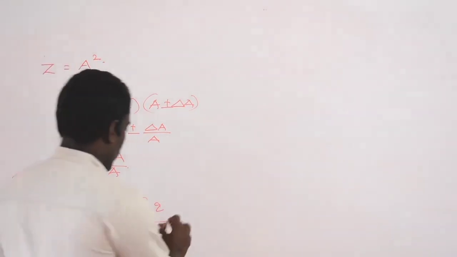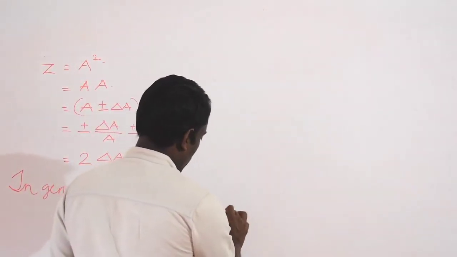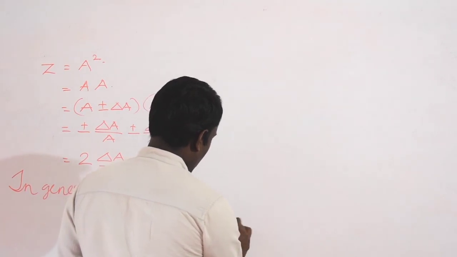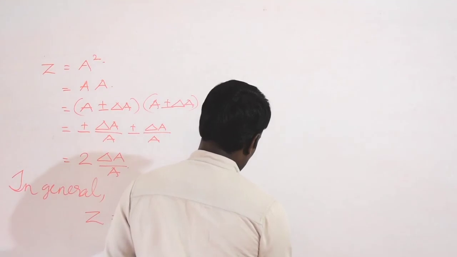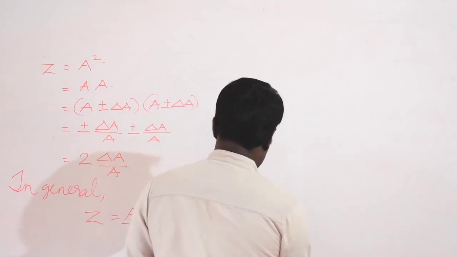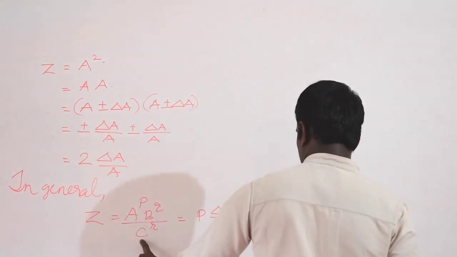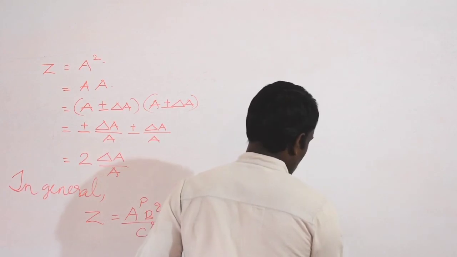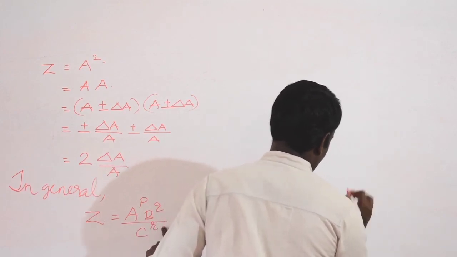Directly we can write it as p times delta a divided by a plus q times delta b divided by b plus r times delta c divided by c.